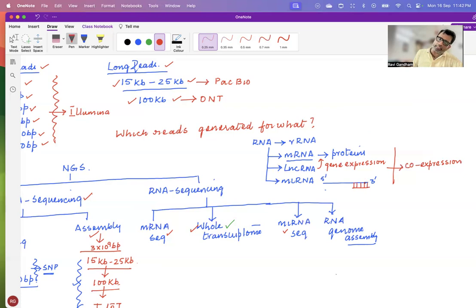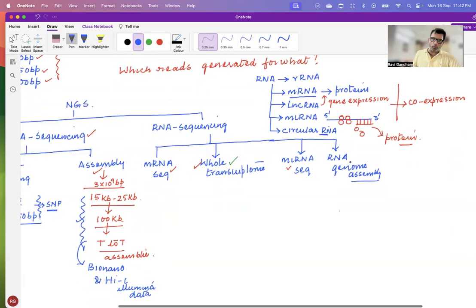Because of the binding of this miRNA to your 3' UTR of the transcript, the ribosome that is coming and translating your transcript drops off. And this transcript is not translated into a protein. So this is how microRNA influence the gene expression. And finally, you have circular RNA, which will sponge your microRNA and prevent your microRNA to bind to your 3' UTR.